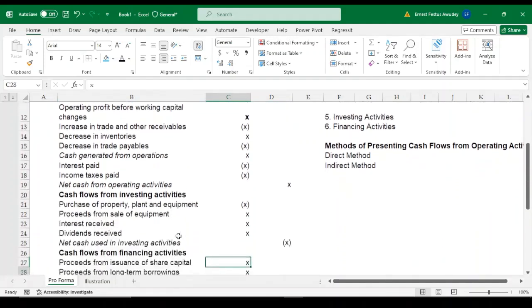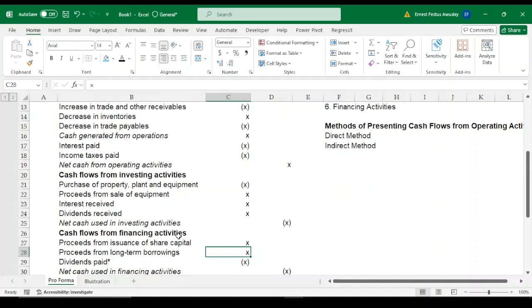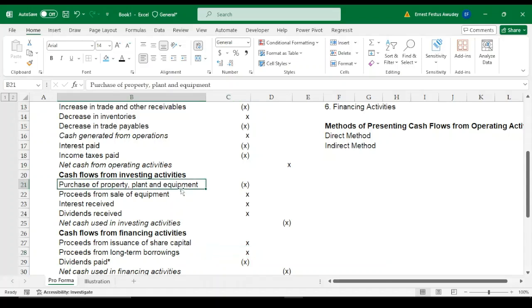That's the reason why some figures are negative and others are positive. When you look at purchase of property, plant, and equipment, you are using cash to purchase our PPE, and therefore it is an outflow of cash, and that's why it is presented as a negative figure. Then proceeds from the sale of equipment is an inflow of cash, therefore it's a positive figure as you can see there. And the same applies to the others.